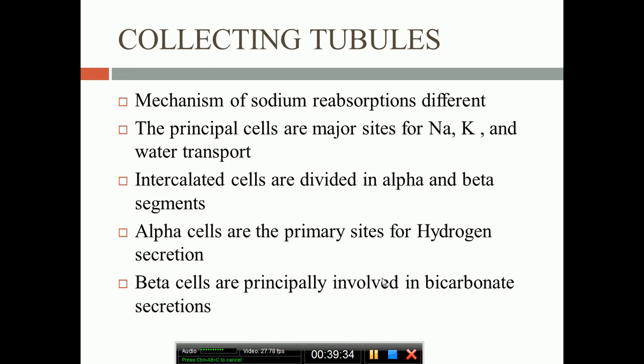The epithelial cells are divided into principal cells and intercalated cells. The intercalated cells are further divided into alpha and beta cells. Alpha cells are primary sites for hydrogen secretion. Beta cells are principally involved in bicarbonate secretion.